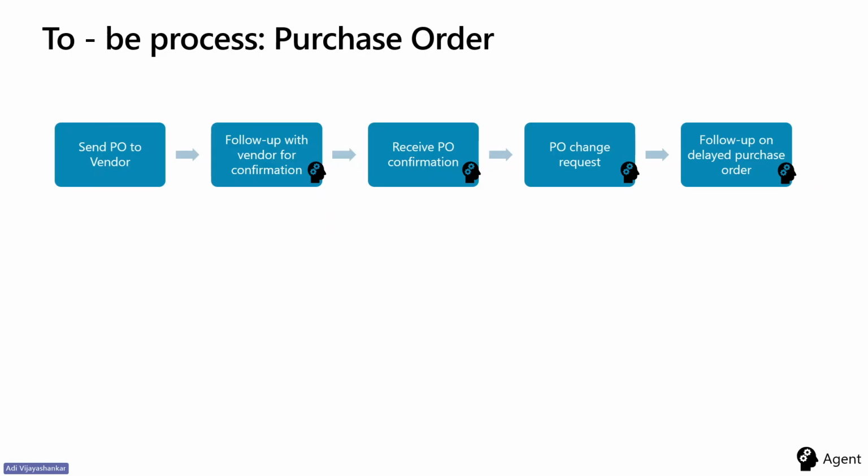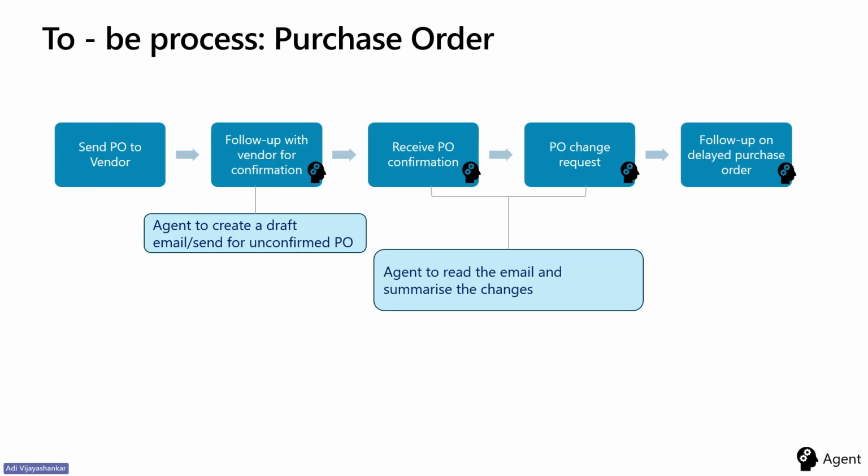So how does the to-be process of purchase order function with the Supplier Communications Agent? After the purchase order is sent to the supplier, the agent can create a draft of the email for an unconfirmed purchase order that the procurement personnel can review and then send to the supplier. When the procurement personnel receives a confirmation or a request for change to the purchase order, the agent can read the email and summarize the changes so the procurement personnel can accept or reject the responses from the supplier, which can then update the purchase order.